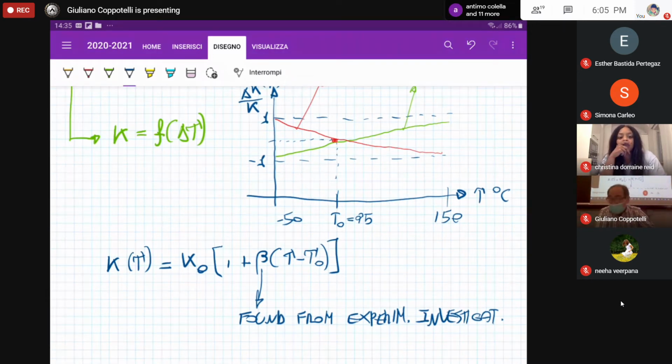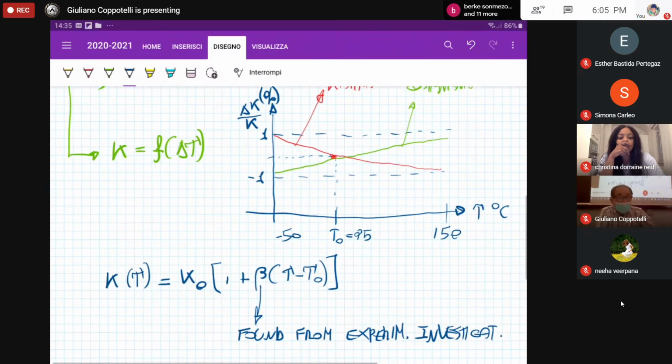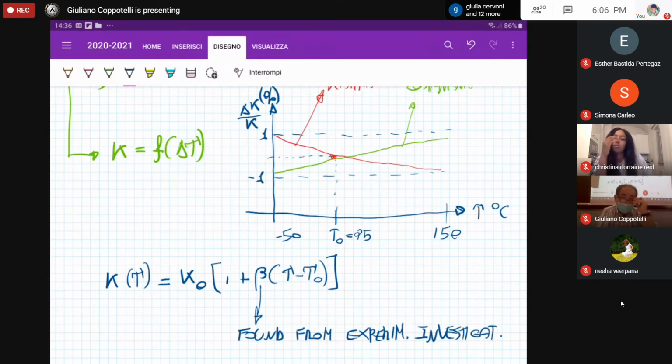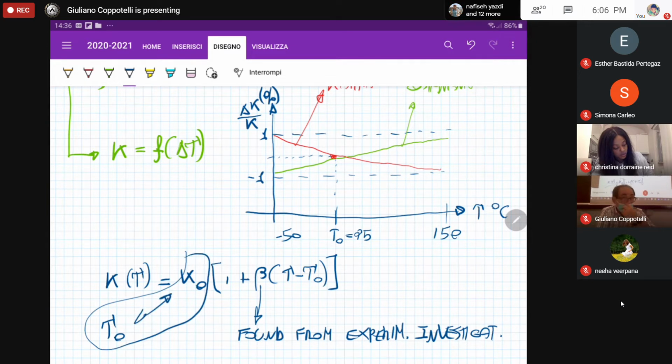Is that clear? So please remember, and this must be well understood, that there is no a priori defined K0. K0 is the reference strain gauge factor corresponding to the reference temperature. So this pair of numbers, K0 and T0, must go together. And you, as manufacturer, have to be very clear in specifying these two values. Why that?